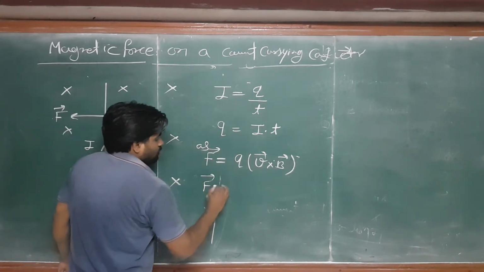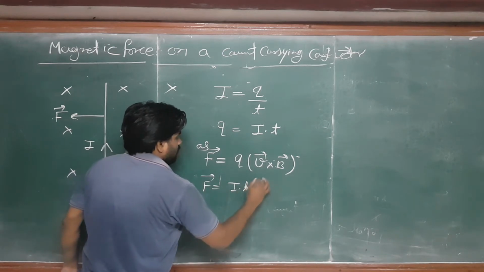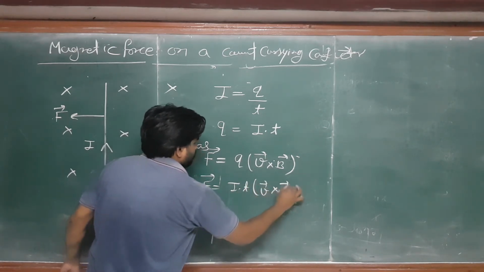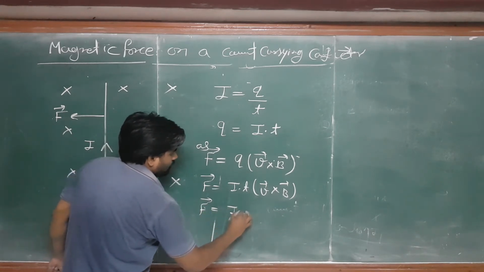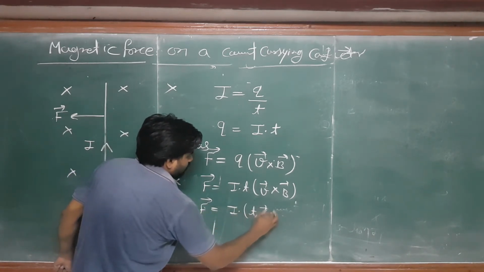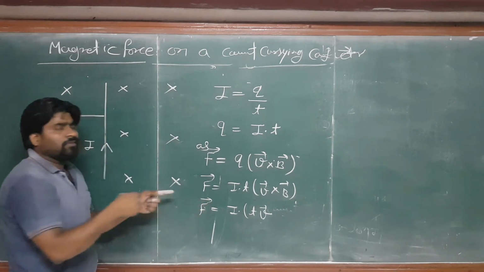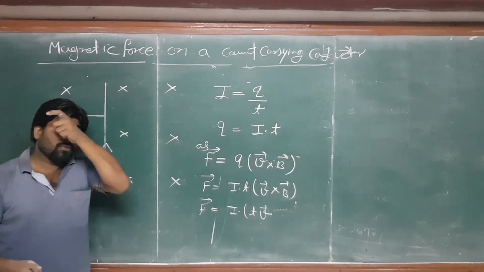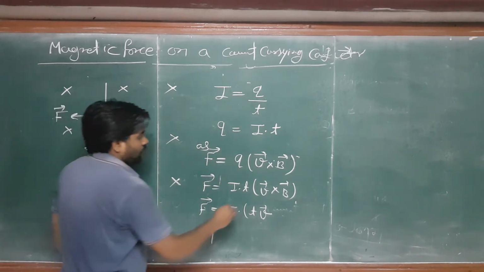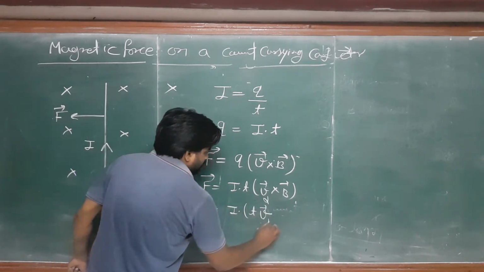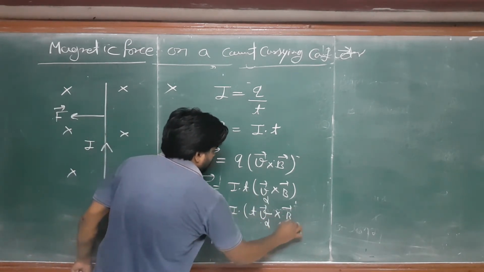Vector F is equal to I dot T, vector V cross vector B, where V is the velocity of the charged particle. As we know, the velocity of the charged particle can be written in the drift velocity form, so I will write here Vd cross B.